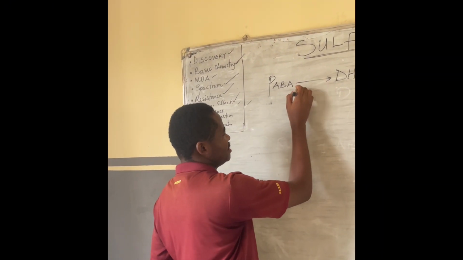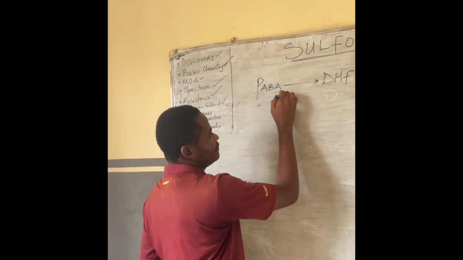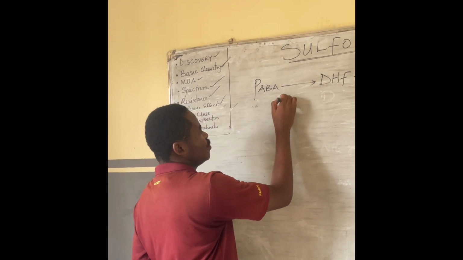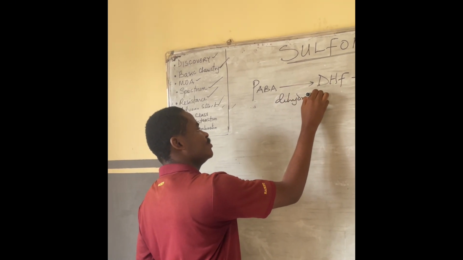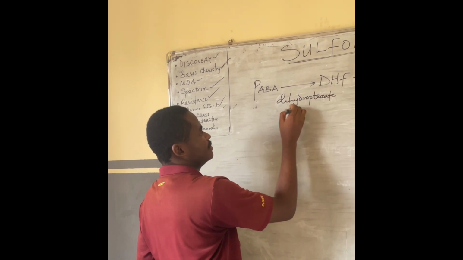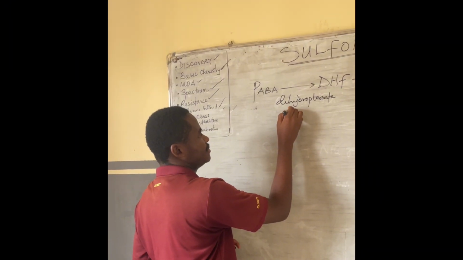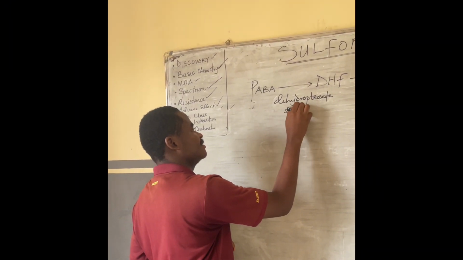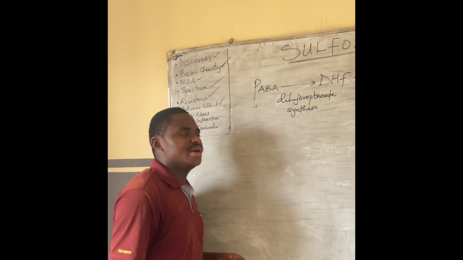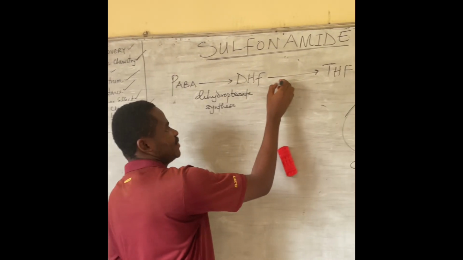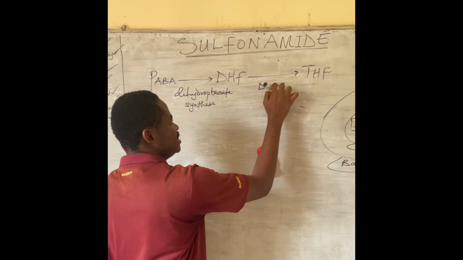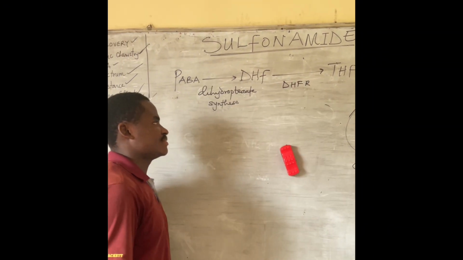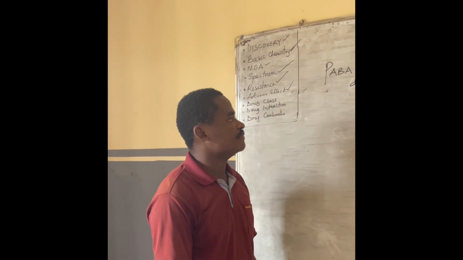The enzyme for the first step is dihydropteroate synthase, while the enzyme for the second step is the one we call DHF reductase. Now, what happens?